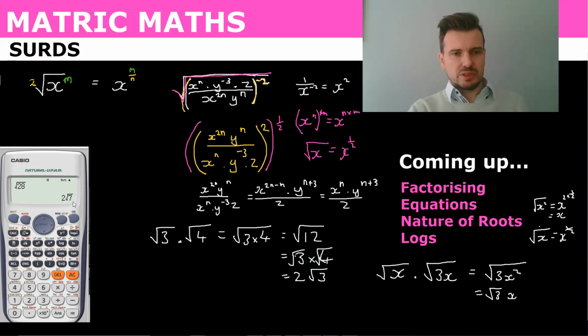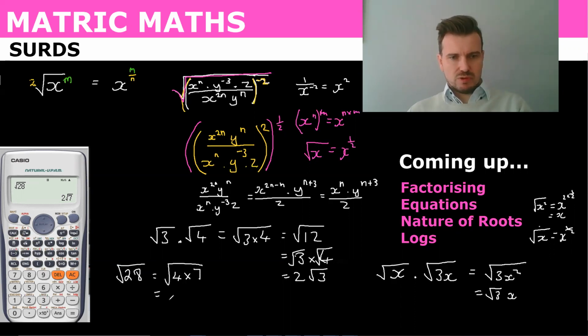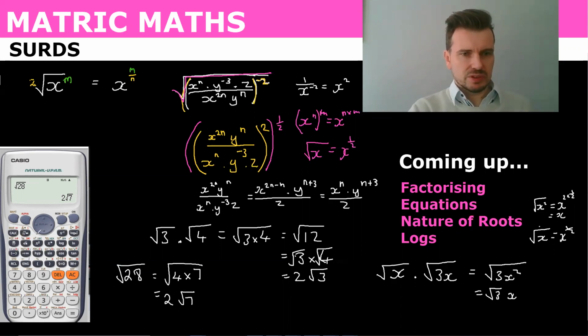So root 28 would equal 2 root 7. And just to see how we did that, 28 is the same as 4 times 7. And so the square root of 4 is 2. So then it was 2 root 7. And then you can use your fraction button as well. So when you get a quadratic equation, you can put it in the calculator quite simply. So that's surds, just a quick revision.